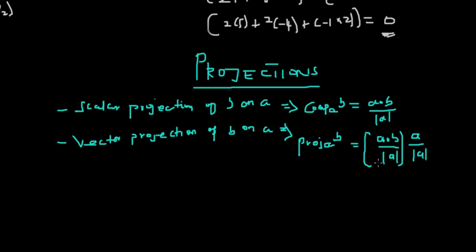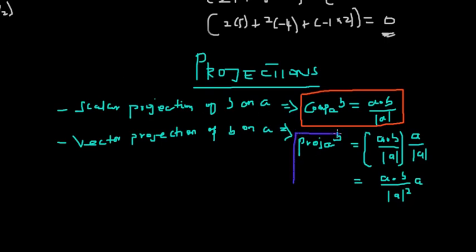So this can be further simplified to be represented in this format: A dot B divided by the length of the vector A squared, and then we have the vector A. So keep these formulas in mind. You'll be needing them to solve simple vector questions.